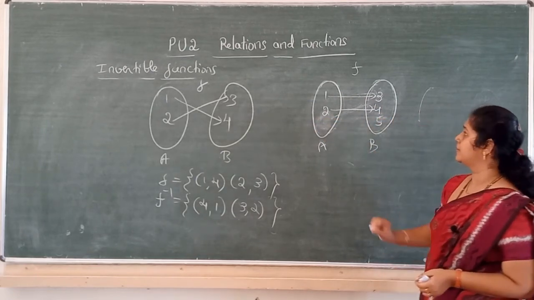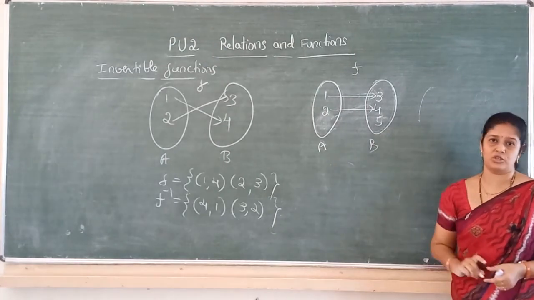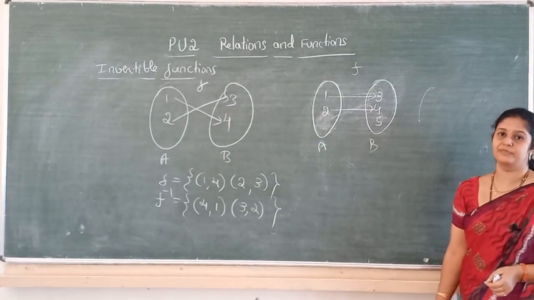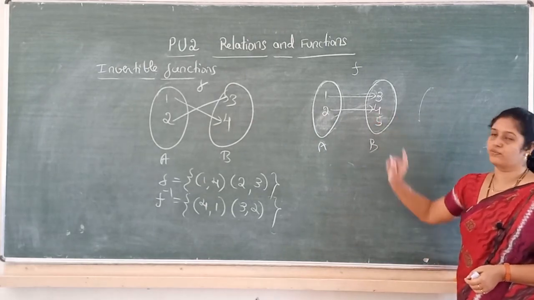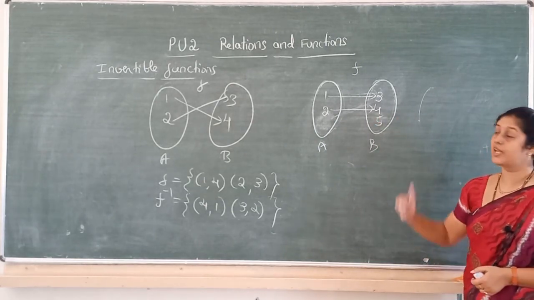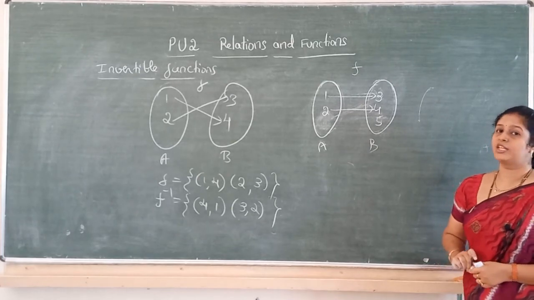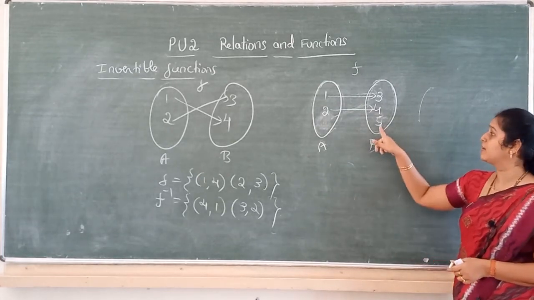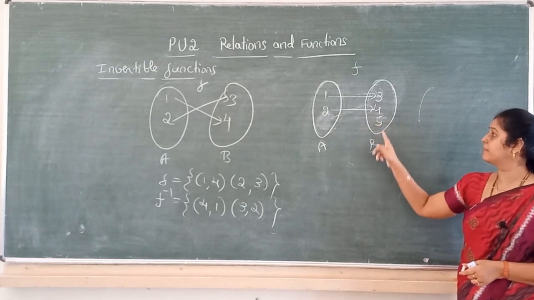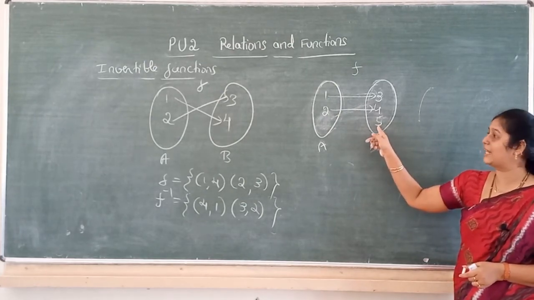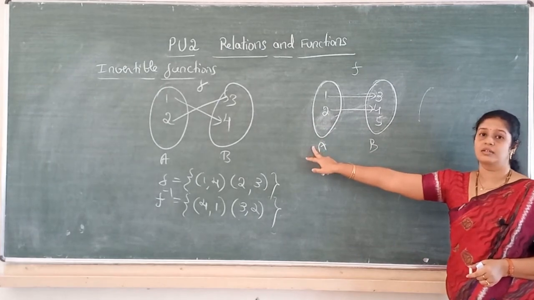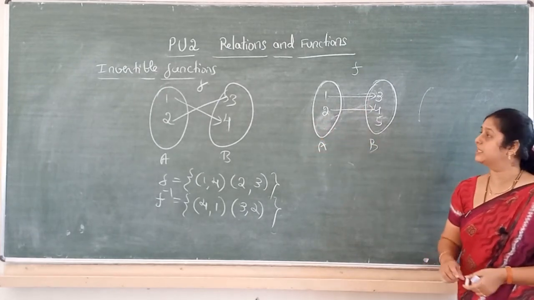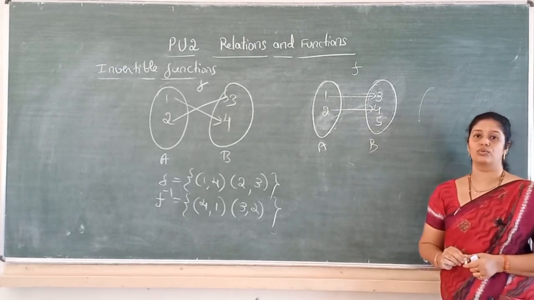Let it be, right. f is a function from A to B. Now this function is 1-1: the images of 1 and 2 are 3 and 4. So f is 1-1. Is f onto? f is not onto because 5 is an element of B, but 5 is not the image of any element in A. Therefore, clearly f is not onto.